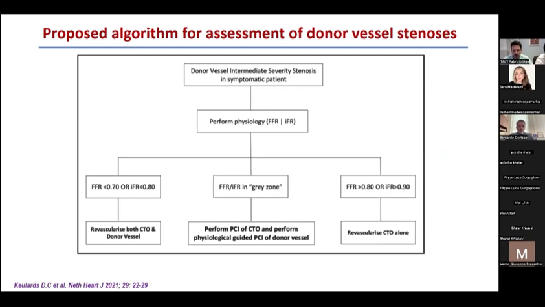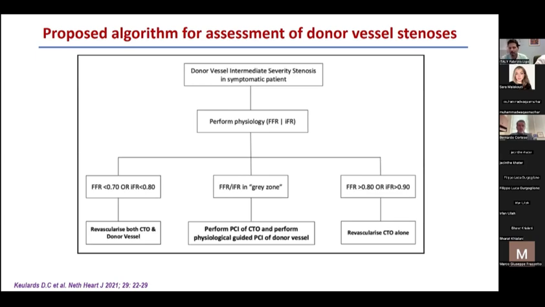It is easy to understand that with a very positive FFR, it is possible that we have the CTO situation and a critical stenosis of the donor vessel. And with a negative FFR, it's possible that we don't have a critical stenosis of the donor vessel, but only the CTO.